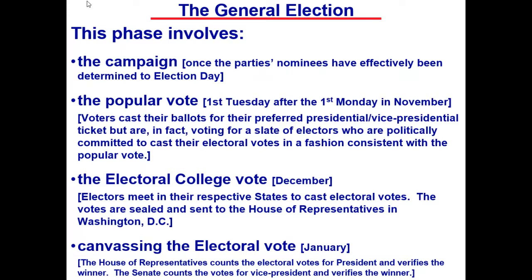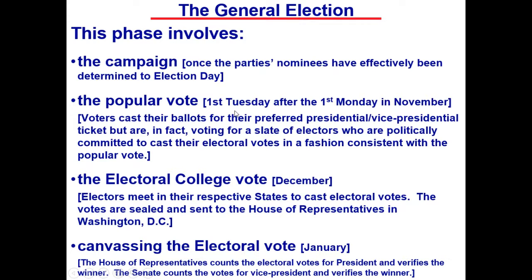You can remember back to a year ago, we already had Donald Trump taking shots at Joe Biden and Joe Biden taking shots at Donald Trump, even though technically neither one were the nominees of their party yet. Okay, so anyway, once the nominee has effectively been determined, then the general election campaign kicks in.